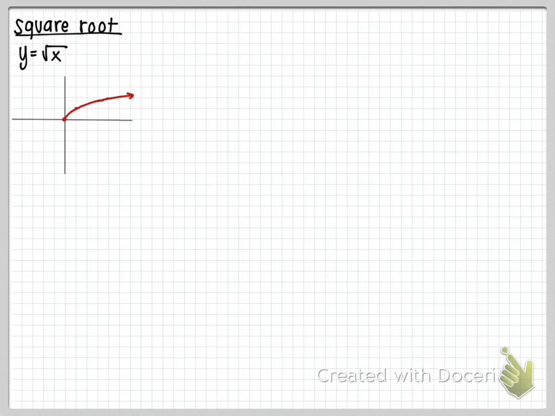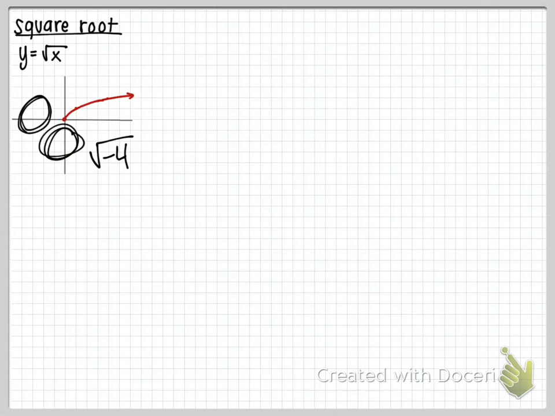Let's think about this for just a second. If I put a negative inside of my square root, can I do that? No. So why is the graph not over here at all? For this reason. If I said square root of negative 4, is that a real number? No. So I can't plot anything on this side.